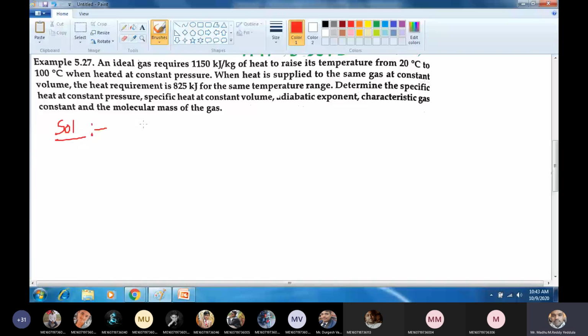Right, heat required is equal to 1150 kilojoules per kg to raise the temperature from 20 degrees centigrade to 100 degrees centigrade at constant pressure.